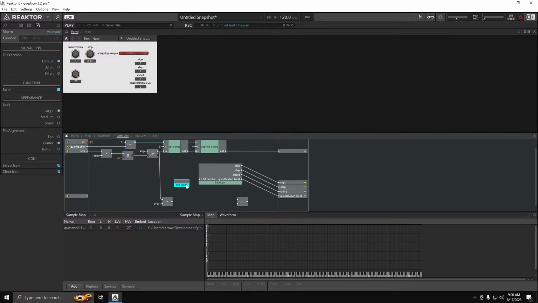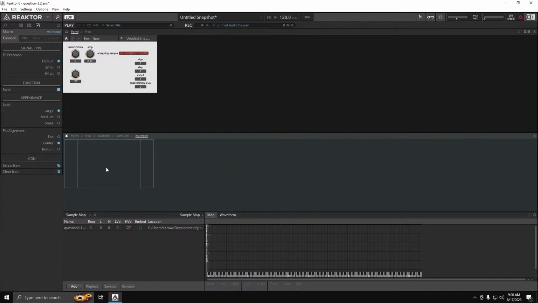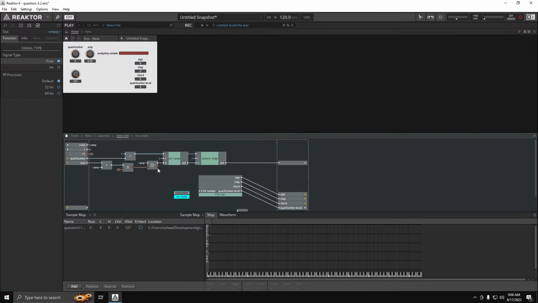Mu mode? There, and you just multiply it by that. That's how you get into mu mode. Not Mew. When I hear Mew, I think of the Pokemon. So that's going into mu mode.